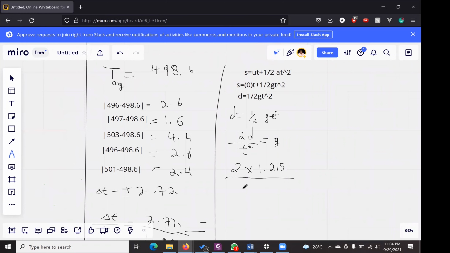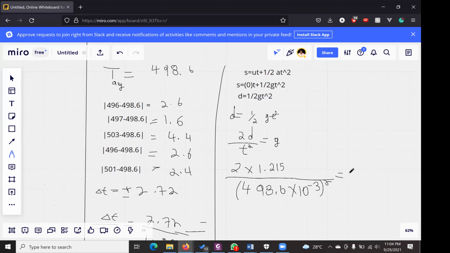The average time was 498.6. Milli is times 10 to the negative 3. And we're doing this all squared. Don't try this in your head. Put this in the calculator: 2 times 1.215 over 498.6 times 10 to the negative 3, all squared.